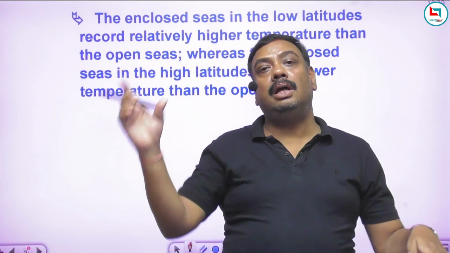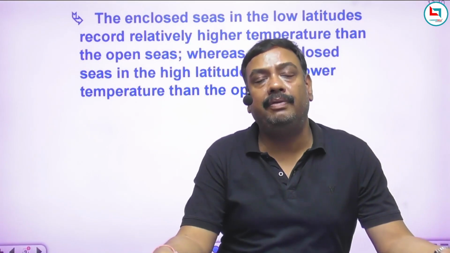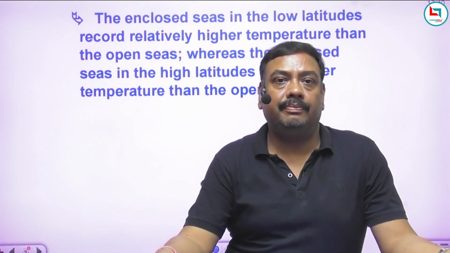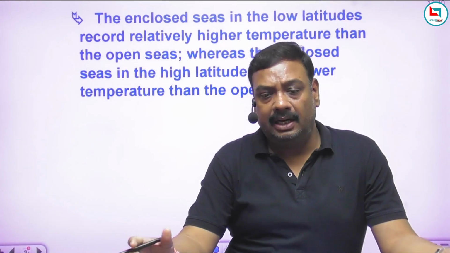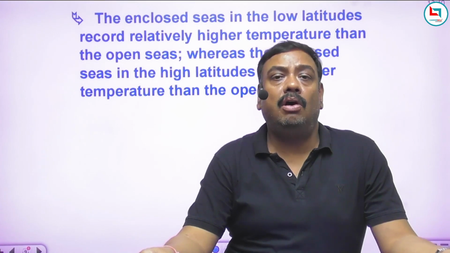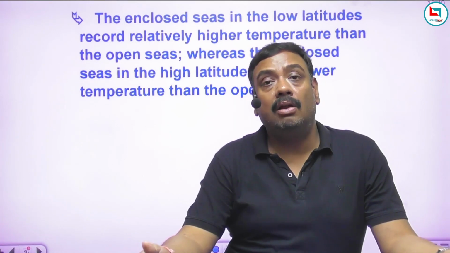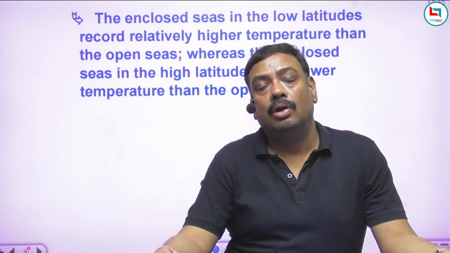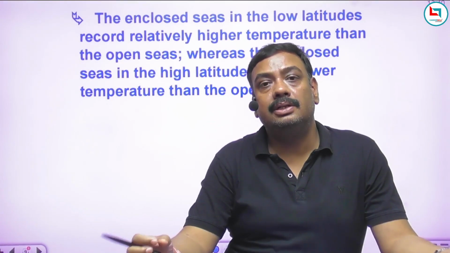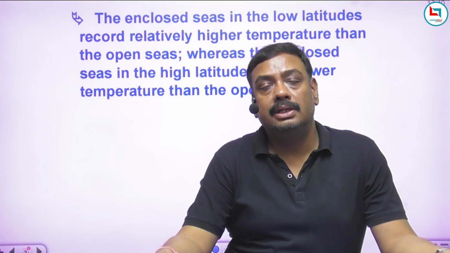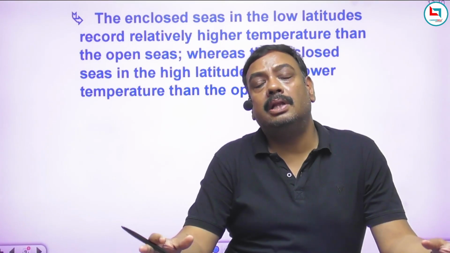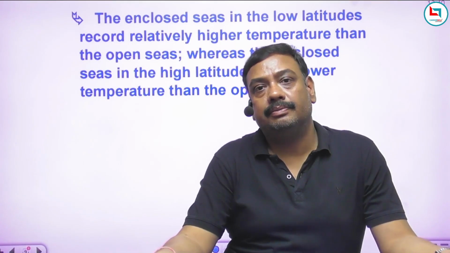Okay. Now, if you remember the chapter on heat budget and the chapter on heating of the surface, we said that the regions for which the insolation or the solar radiation is almost vertical are heated up more, and so those regions show higher temperature.